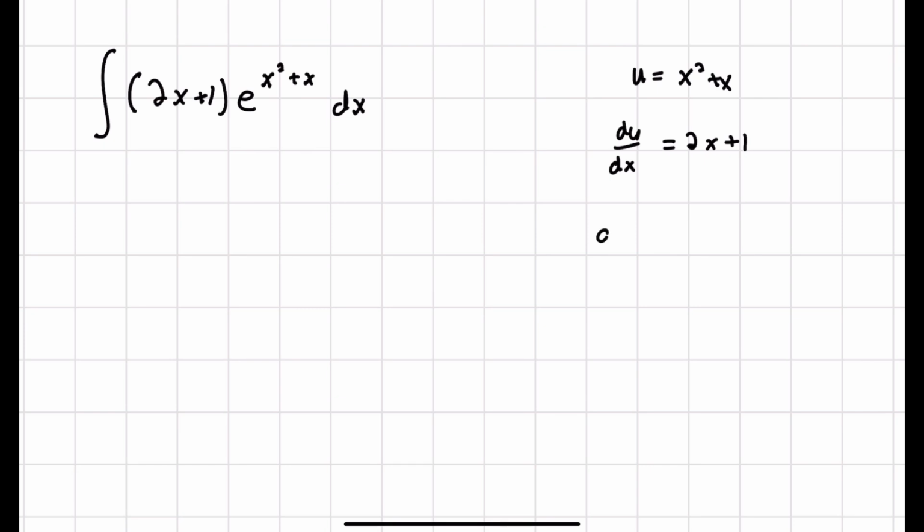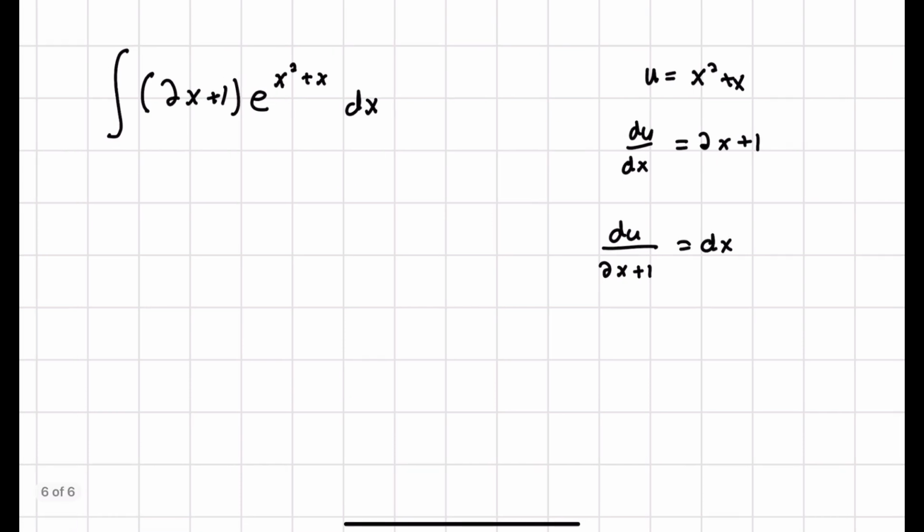Let's rearrange everything. du over 2x plus 1, which is equal to dx. And let's substitute everything. So the integral of 2x plus 1 times e to the u, and then du over 2x plus 1.